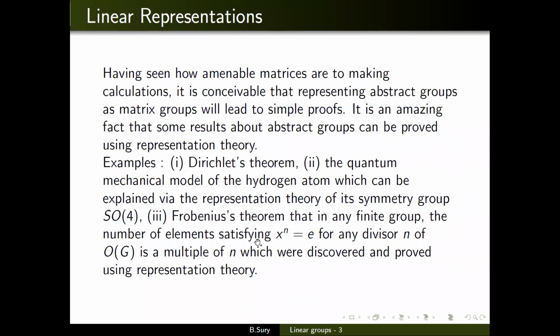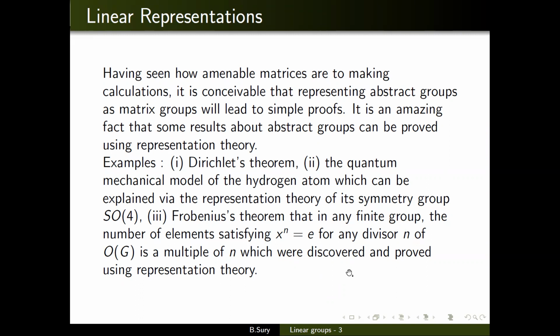And then the quantum mechanical model of the hydrogen atom. This also can be explained by the SO(4) representation theory. And there are various abstract, purely group theoretic statements, like the Frobenius theorem, a very beautiful statement. In any finite group, the number of elements satisfying x to the power n equal to identity is a multiple of the GCD of n and the order of the group.